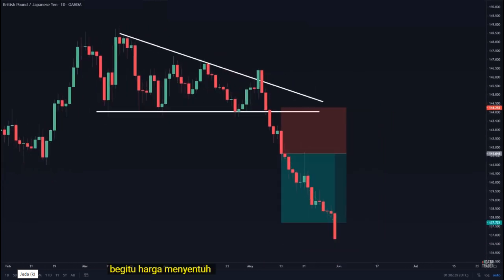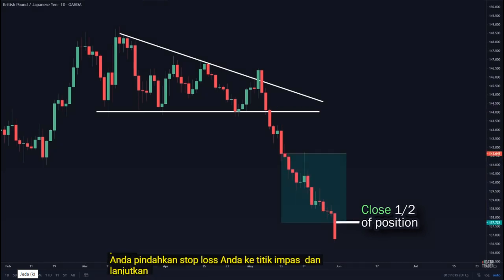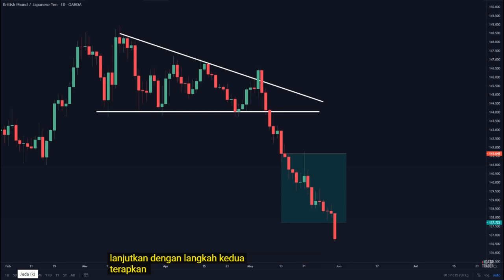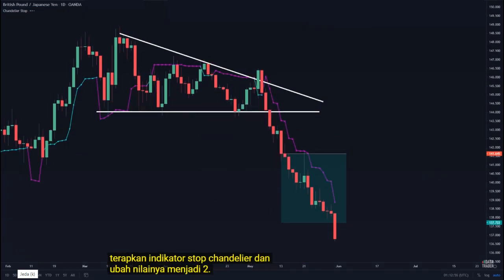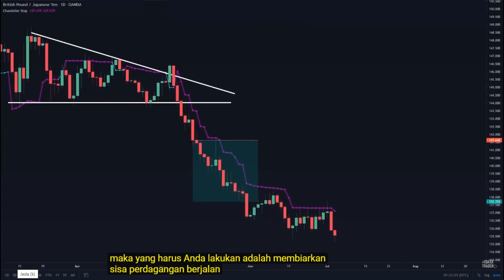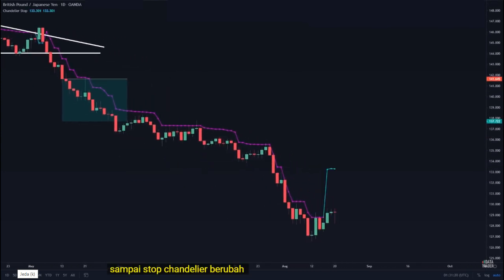Once the price hits, close half of your position, move your stop loss to break even, and continue with step 2. Apply the chandelier stop indicator and change the value to 2. Then, all you have to do is let the remaining trades run until the chandelier stop switches color. Once this happens, you close your position.